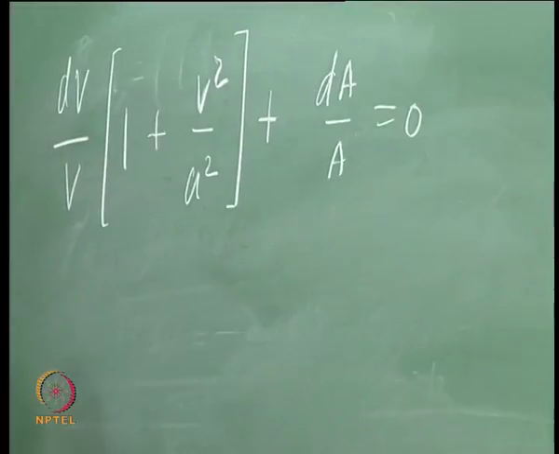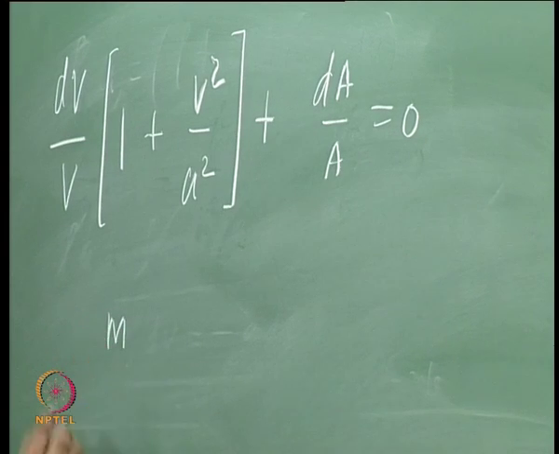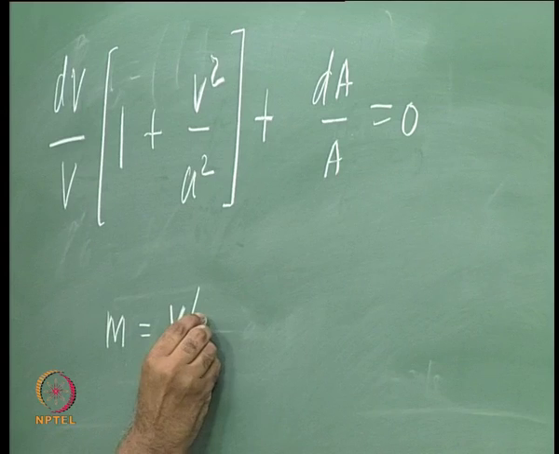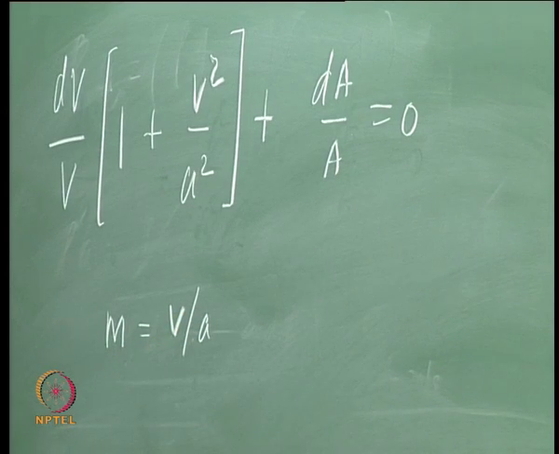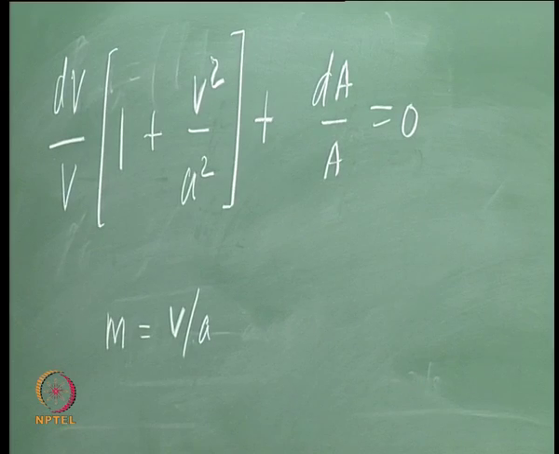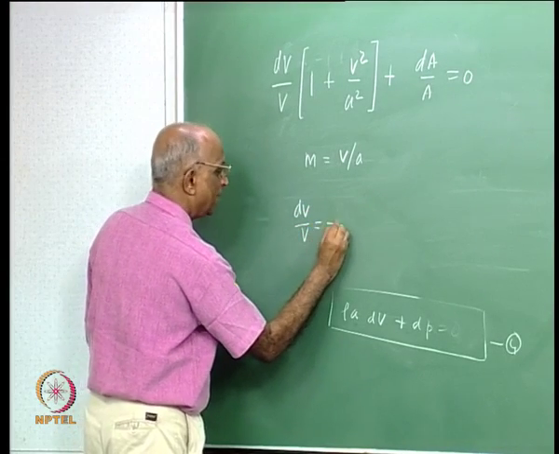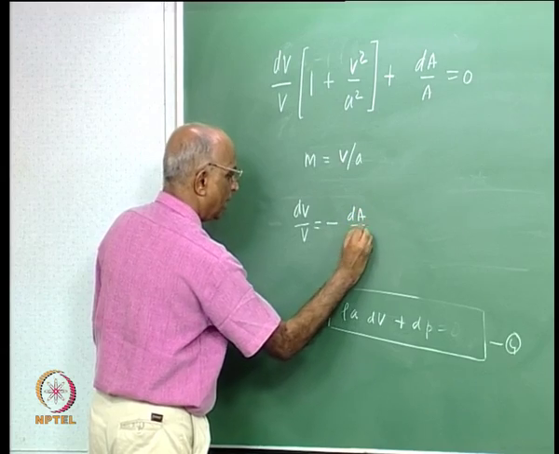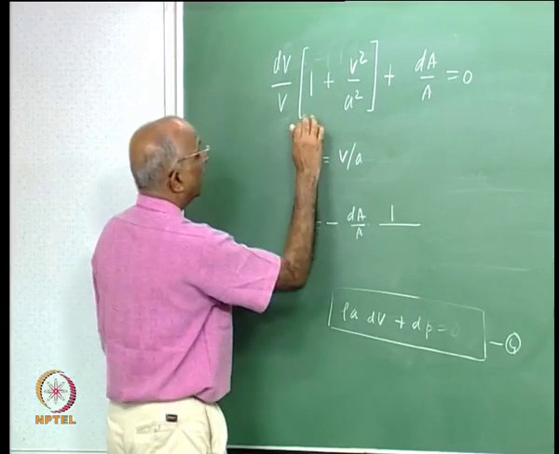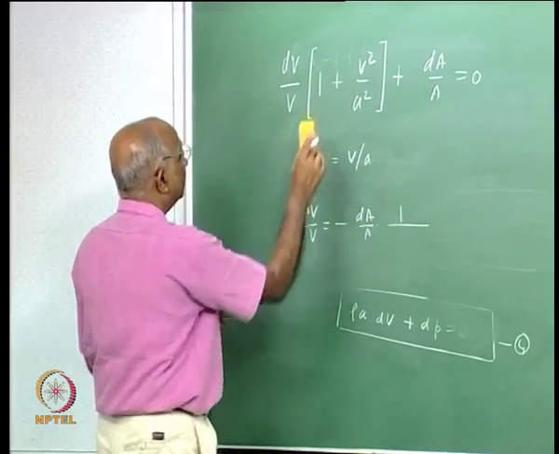Now I just blindly say let me call Mach number M as equal to the velocity of the medium divided by the sound velocity. I will come back to the physical significance of this a little later, and therefore I can write dV by V is equal to minus dA by A into 1 over, yes I have minus here.